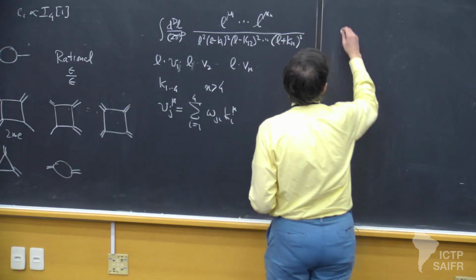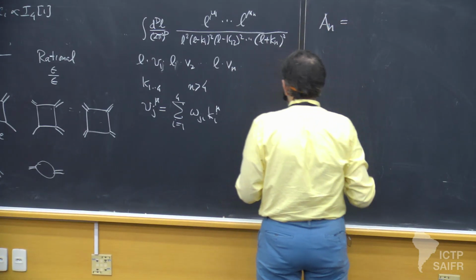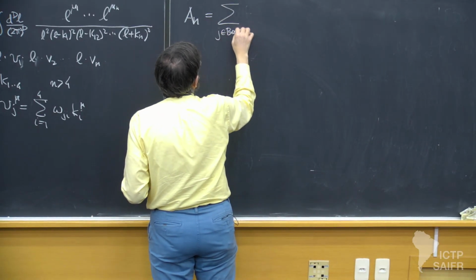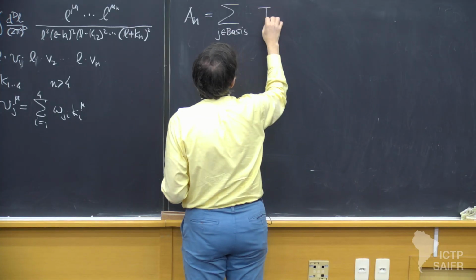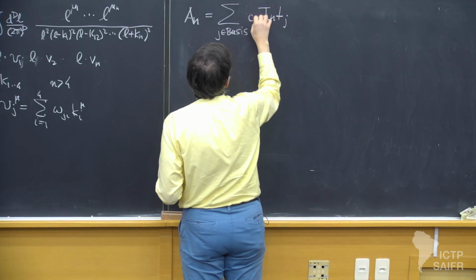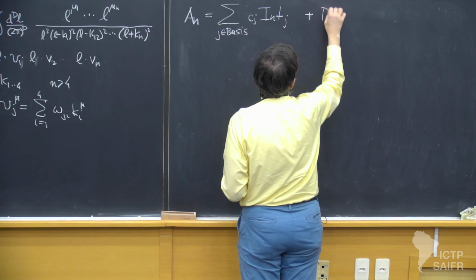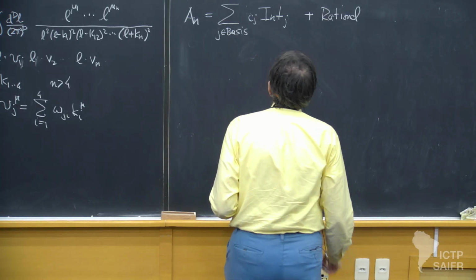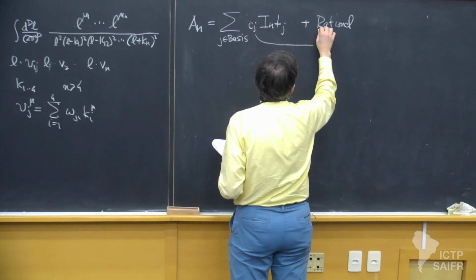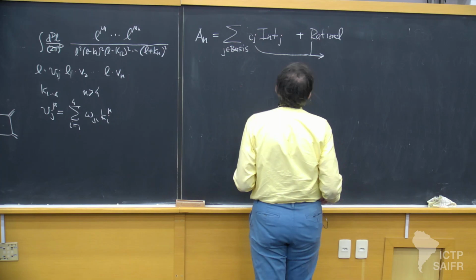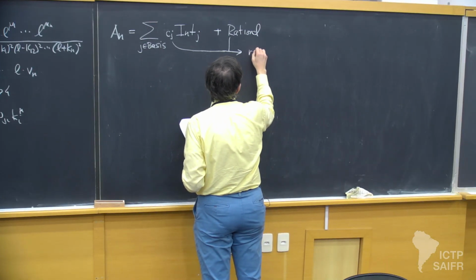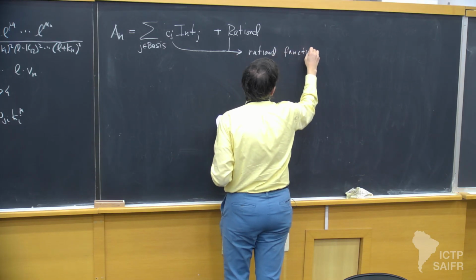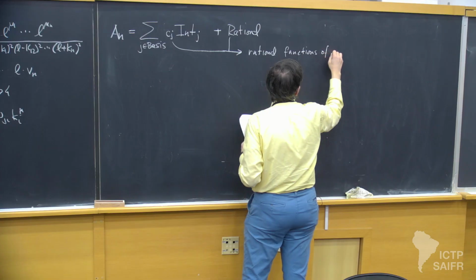So that tells us that we can write an amplitude. So this is our basis of integrals. We can write an amplitude in terms of a basis and possibly some rational terms. We're not going to talk any more about the rational terms today, or actually in this lecture series, but these coefficients and the rational terms, they're all rational functions of our spinor variables.